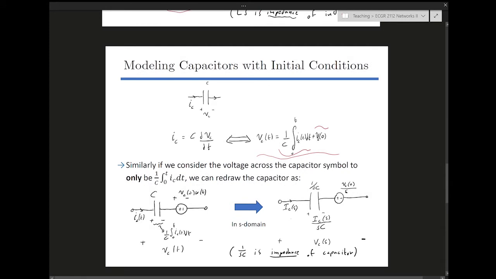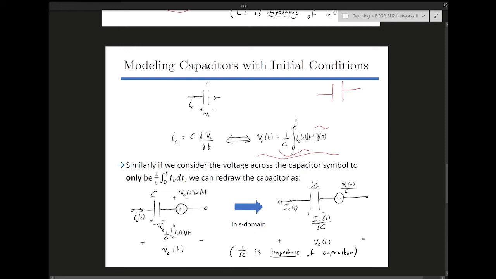And we want to follow the approach where the capacitor symbol in the S-domain model is going to only represent the voltage that is due to this integral. So I want to model my capacitor as a capacitor symbol with something else, and the voltage across the capacitor symbol only represents the integral of the current flowing through the capacitor.